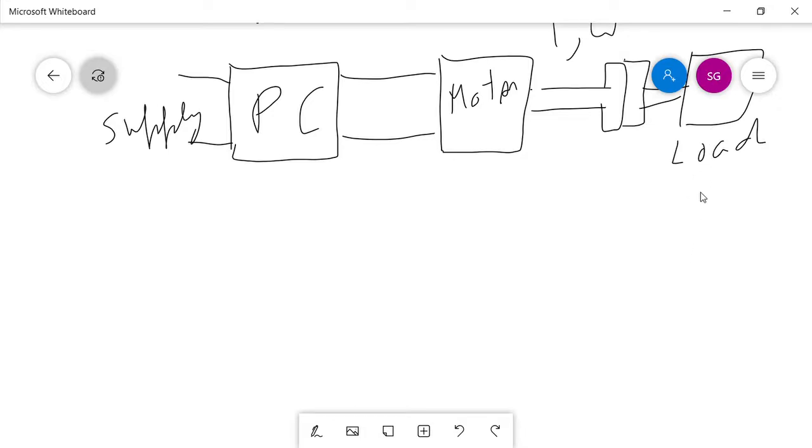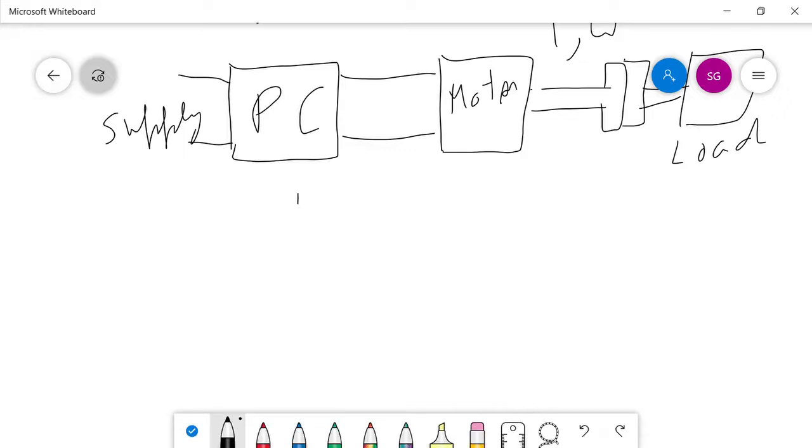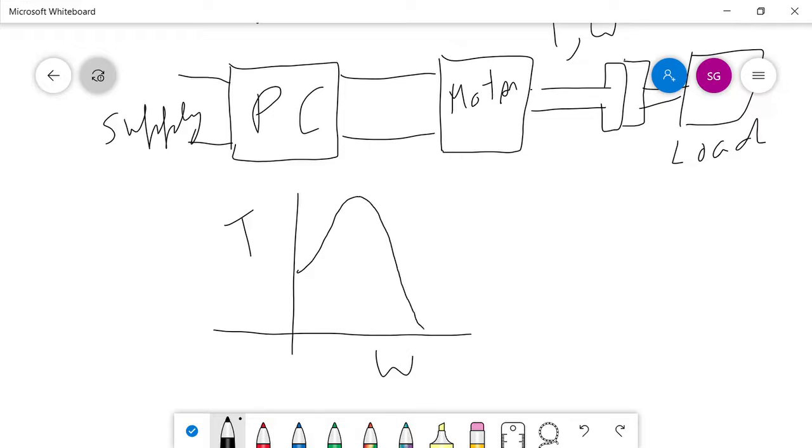Like let us say an induction motor. We all know that an induction motor has a torque speed characteristic like this. So here it is the synchronous speed. And the machine runs in this operating region.